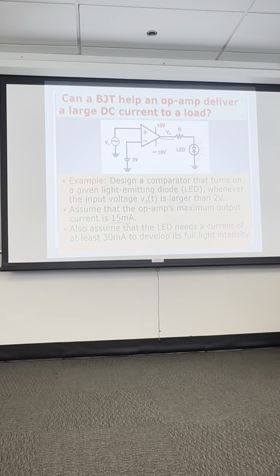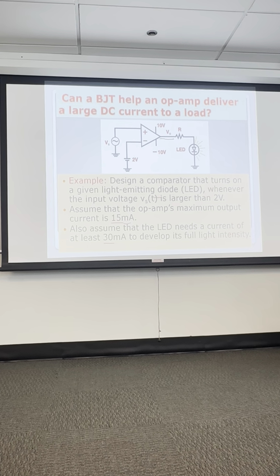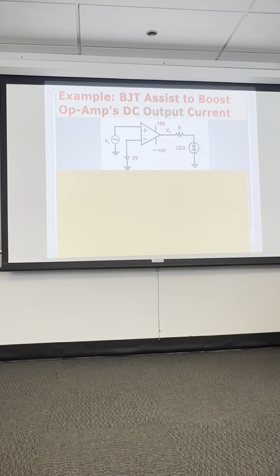The LED, though, needs at least 30 milliamperes in order to go to full brightness. So there's a conflict between those two numbers. We still go ahead and complete the design of the circuit.